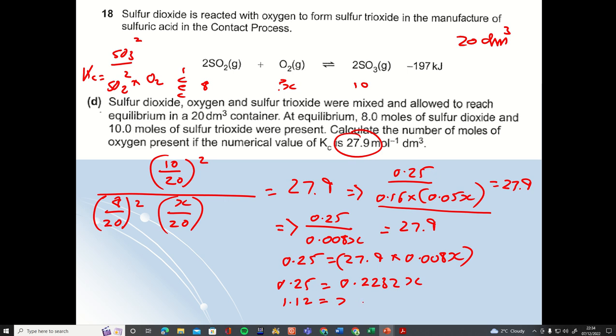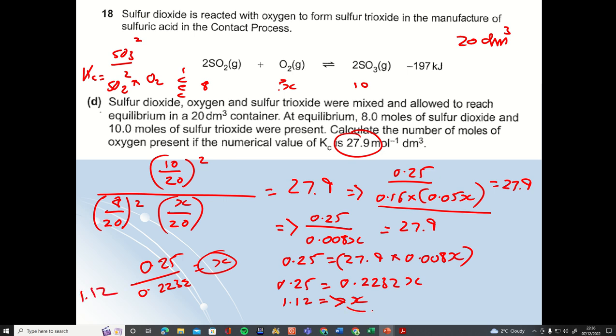How I got that, by the way, is 0.25 divided by 0.2232 equals x, and that is 1.12.